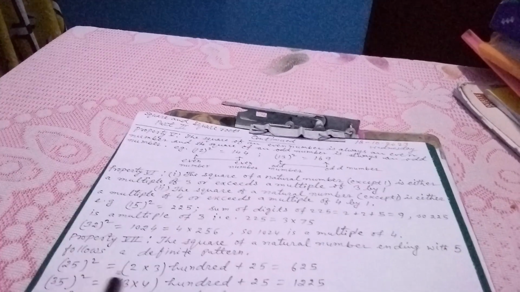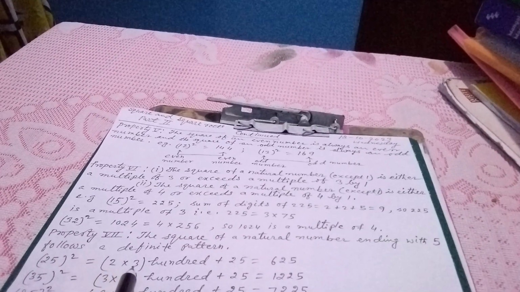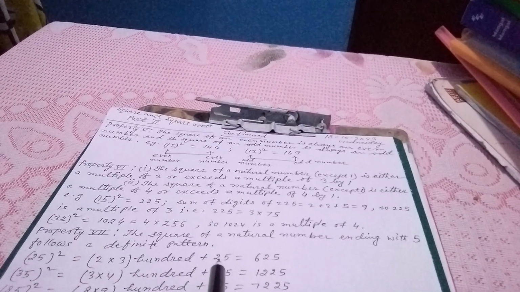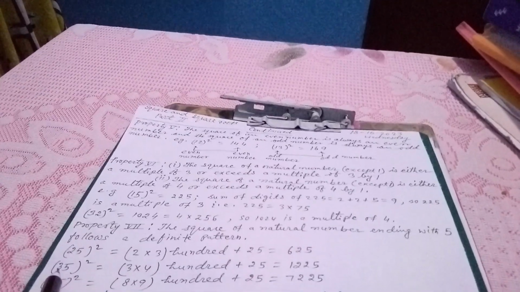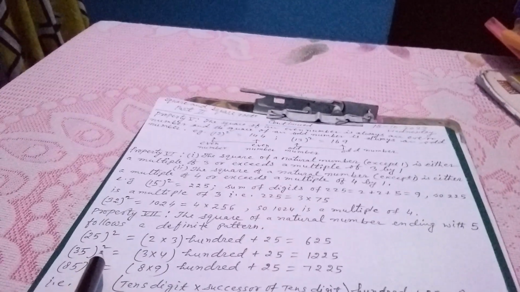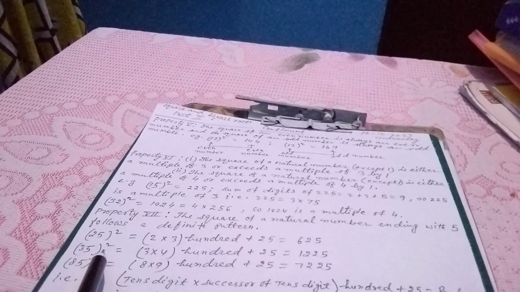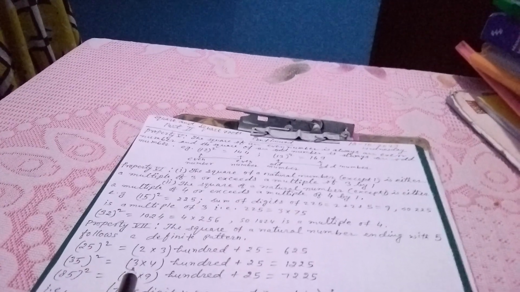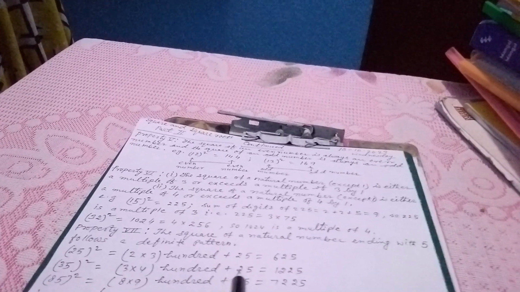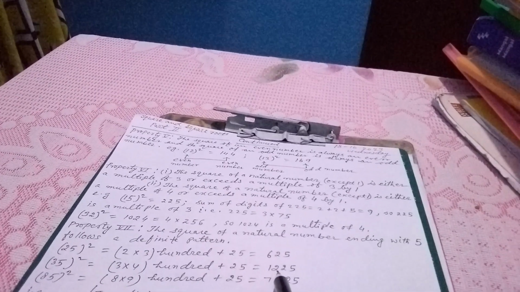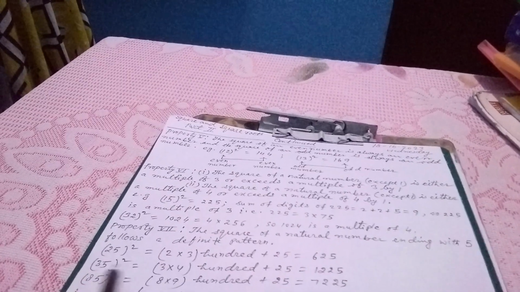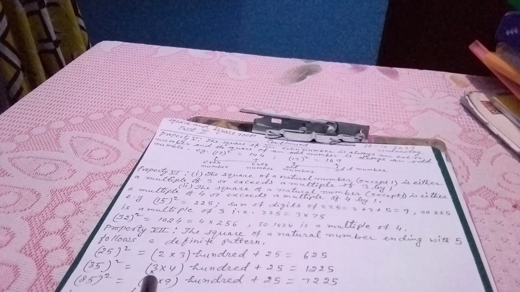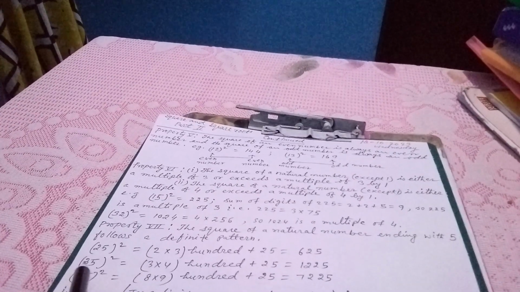As you see, 25 to the whole square equals 2 into 3 hundred plus 25 equals 625. 35 to the power 2 or 35 whole square equals 3 into 4 hundred plus 25 equals 1225. That means the tens digit into the successor of the tens digit.